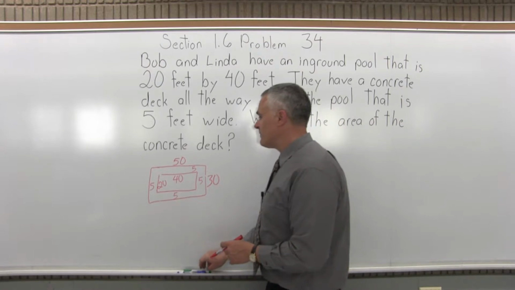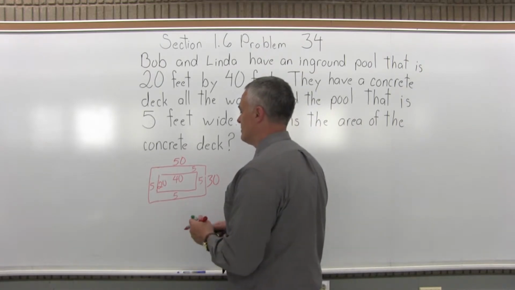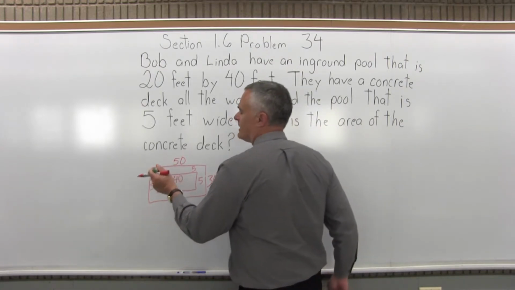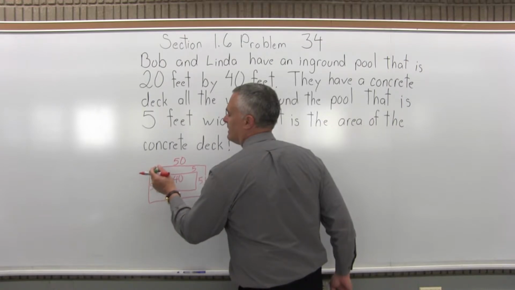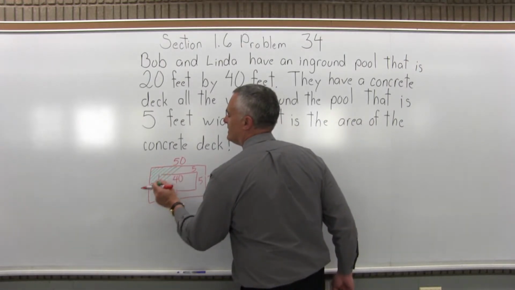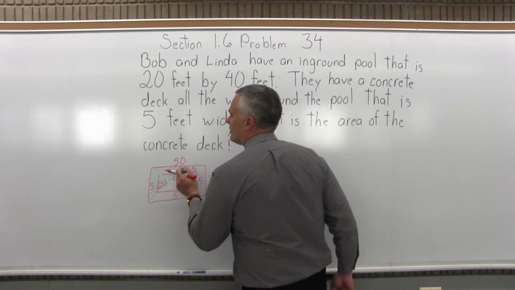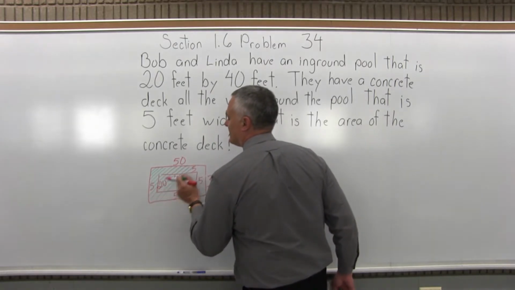So now, let me compute just the area of the concrete. Forget the fact that there's a pool in the middle of it. I just have a big rectangle here that's 50 feet in length and 30 feet in height.